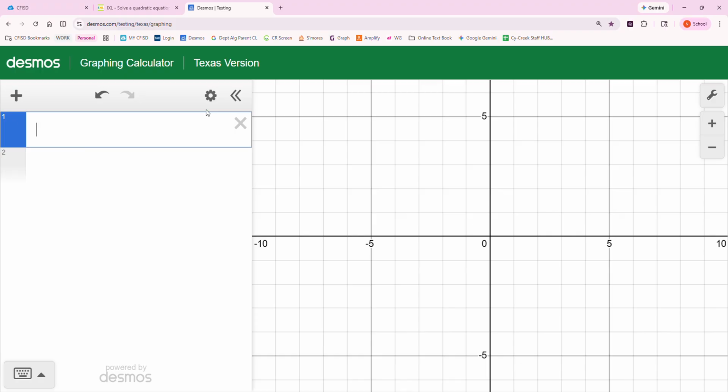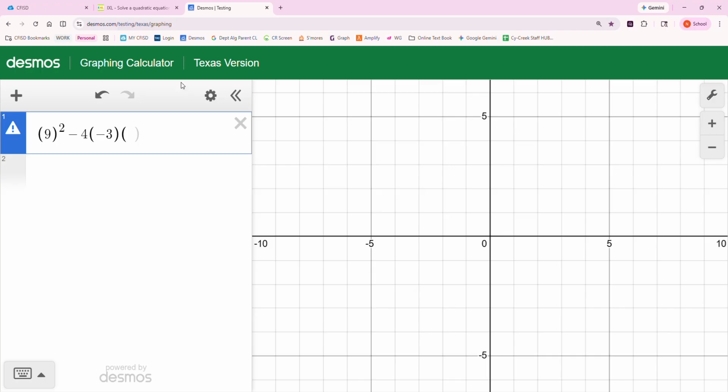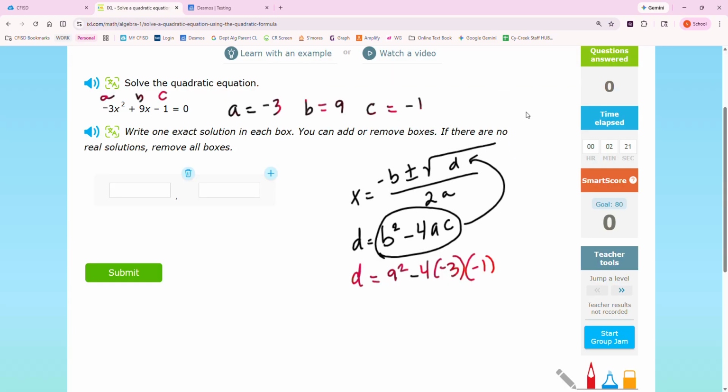It's not a bad habit to put the b in parentheses, and then we can do minus 4. That's always going to be there. And then we're going to put our a. Our a was negative 3. Make sure you keep the sign with it. And our c is negative 1. So make sure that you keep all of those signs with that value, and it is 69.